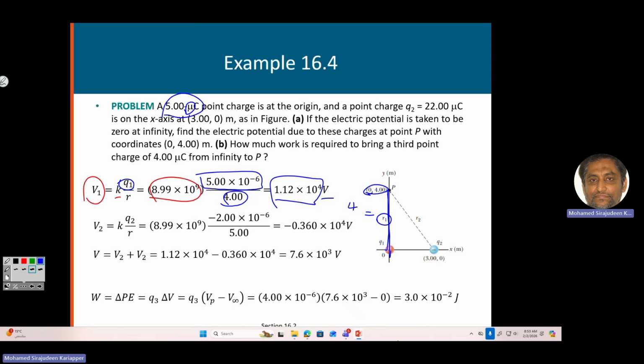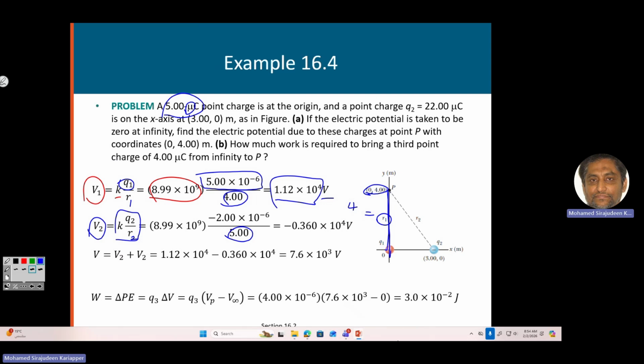Right, got it. Now you calculate the V2. So it will be KQ2 over R2. R is a magnitude, that doesn't have sign. But Q has a sign, not because it's a vector, it is not a vector, but Q can be a positive charge or negative charge.